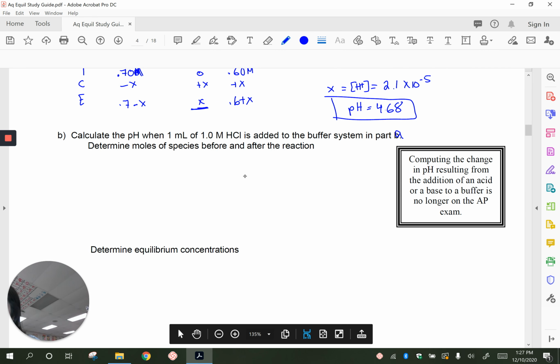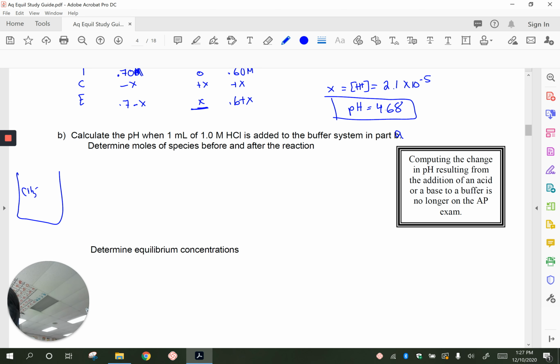My buffer solution is made up of acetic acid, that's the acidic portion, and my acetate ion, which is the basic portion. So if I add some HCl, which is basically extra H pluses, which one would react with it? The H plus would react with the acetate, right?